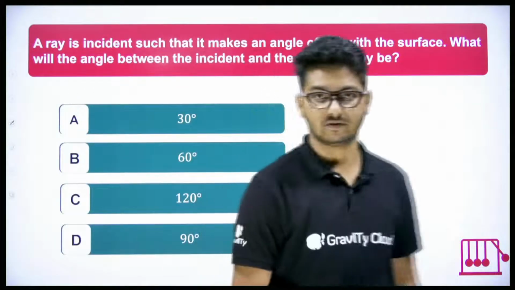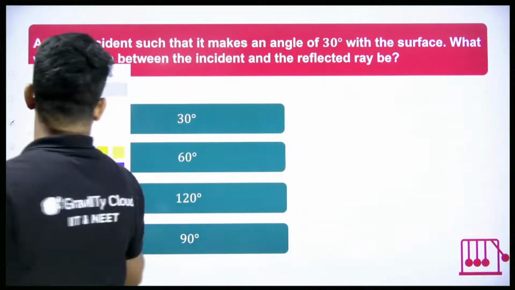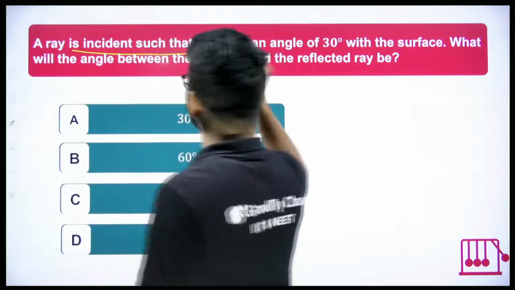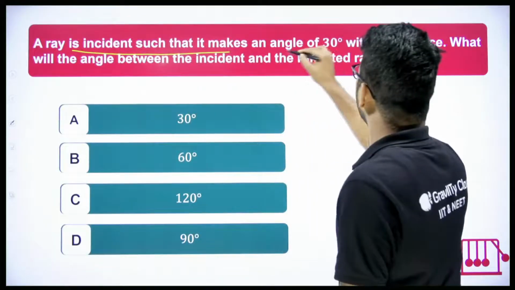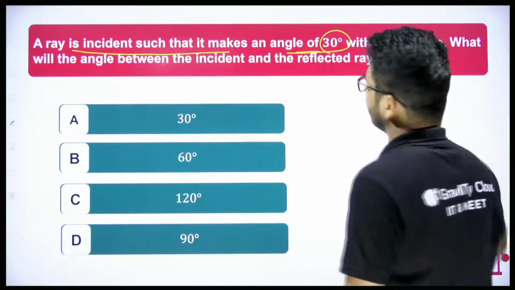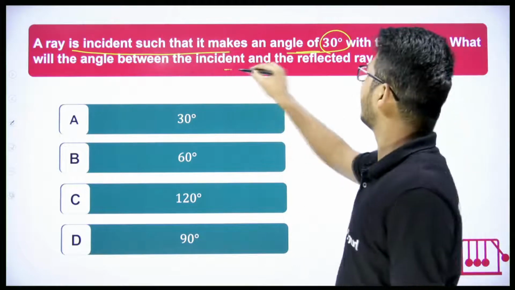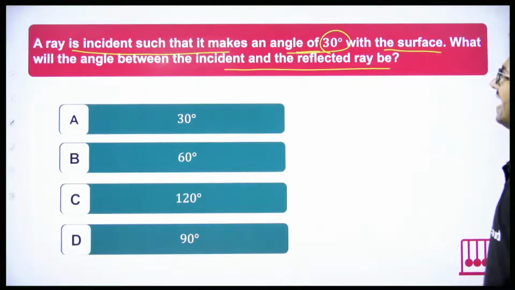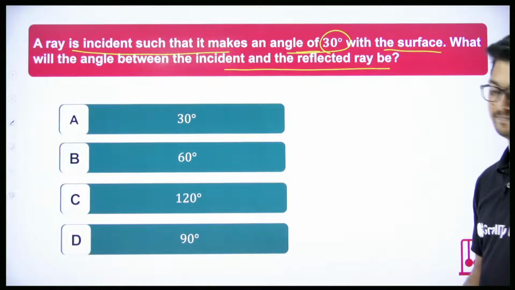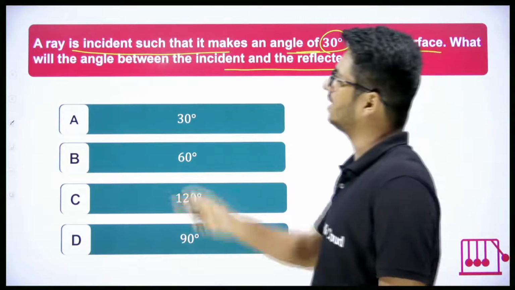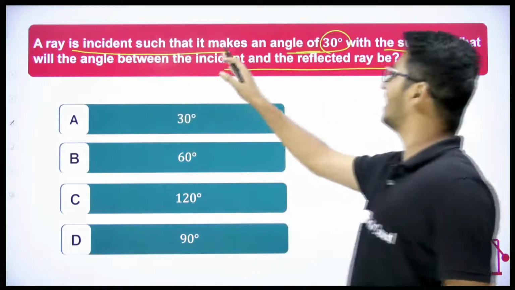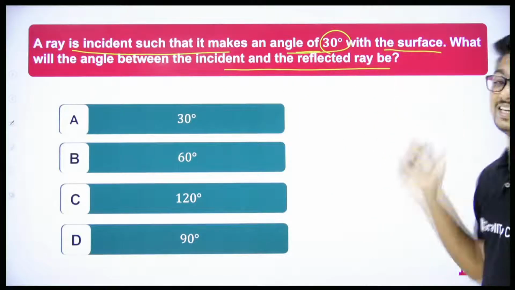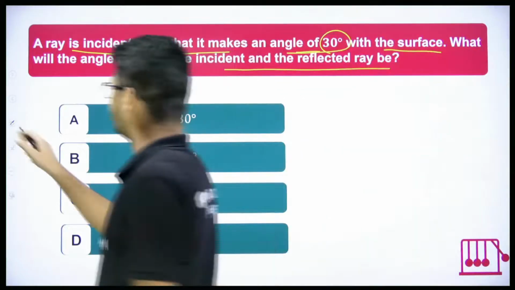Now another question for us. A ray is incident such that it makes an angle of 30 degrees with the surface. What is the angle between the incident and the reflected ray? Now read the question properly. A ray is incident such that it makes an angle of 30 degrees with the surface.